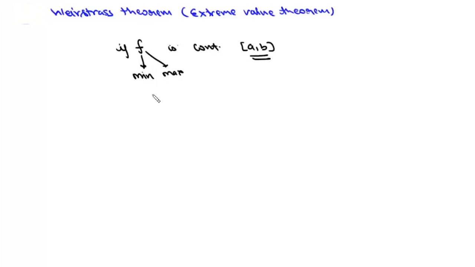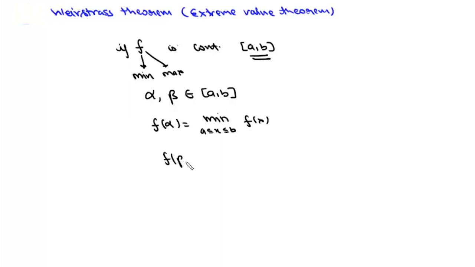In other words, we'll have 2 points, say alpha and beta, in the interval [a, b] such that f(alpha) is equal to the minimum value of f(x) when x lies between a and b, and f(beta) is the maximum value of f(x) for all x between a and b, including the boundary values.